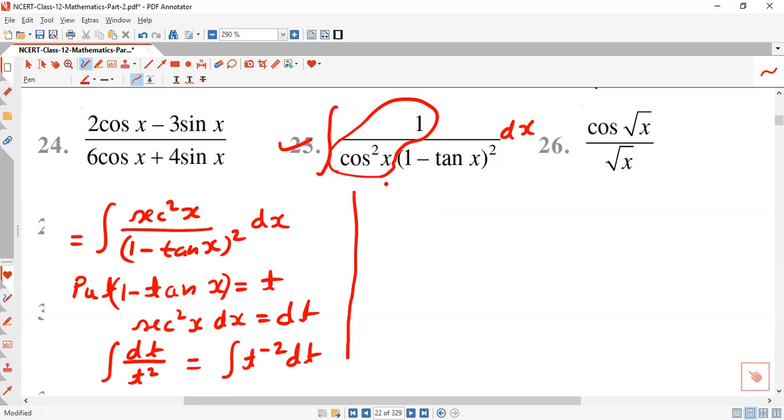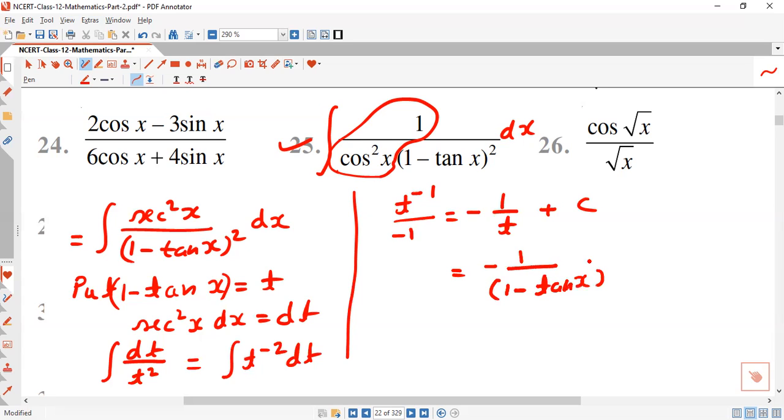Now if we take the integration of this part, you are getting t raised to minus 1 divided by minus 1, which is minus 1 upon t. Put the value of t equal to 1 minus tan x: minus 1 upon 1 minus tan x plus some constant c. This is the answer of this question.